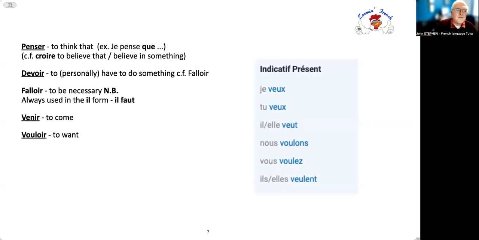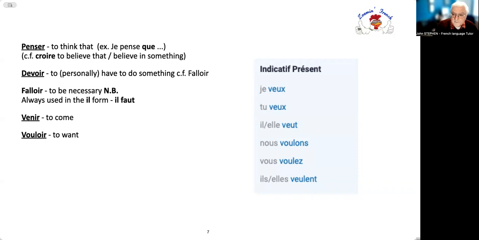The verb vouloir is the verb to want something. Again, very, very common, but please notice the conjugation is so different. It goes: je veux, tu veux, il veut, then nous voulons, vous voulez, ils veulent.